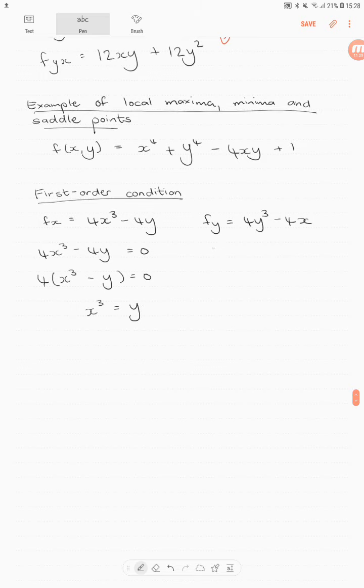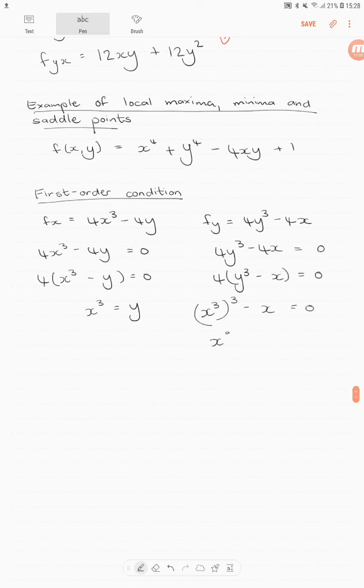In this case, 4y cubed minus 4x equal to 0. Again, factor out 4. And now we can replace y with x cubed. So x to the 9 minus x is equal to 0.